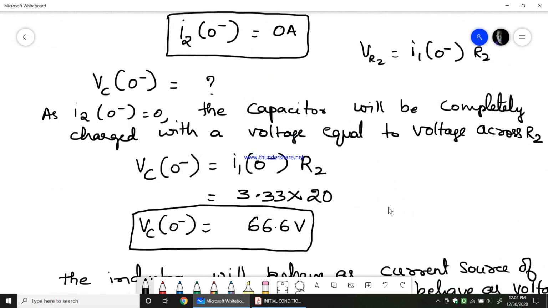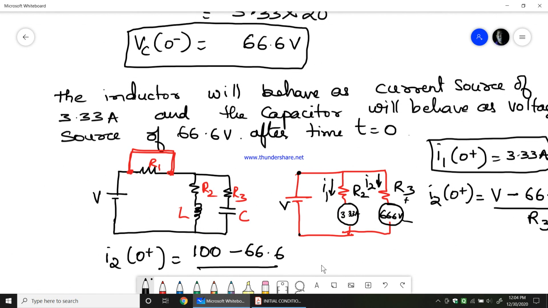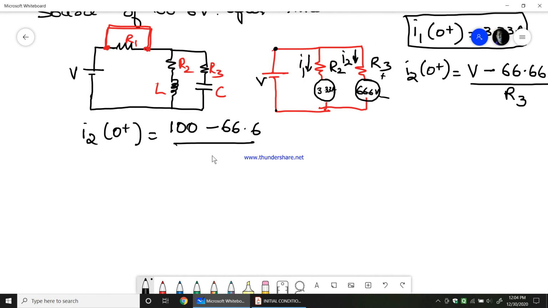R3 is given as 20 ohms, divided by 20. So if you calculate this in the calculator, 100 minus 66.6 divided by 20 will get me 1.67. Therefore, I2 of 0 plus is equal to 1.67 amps.